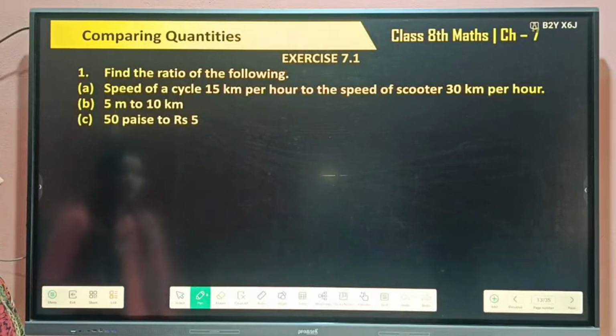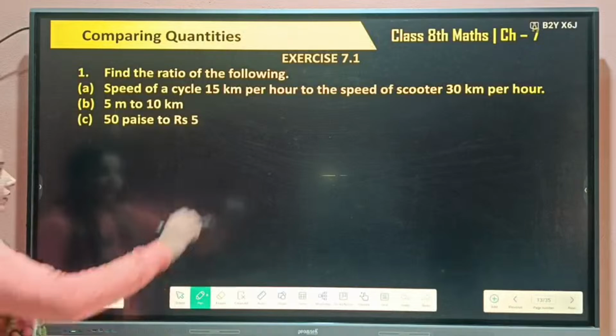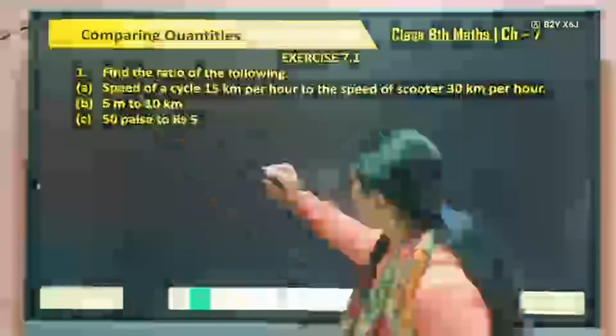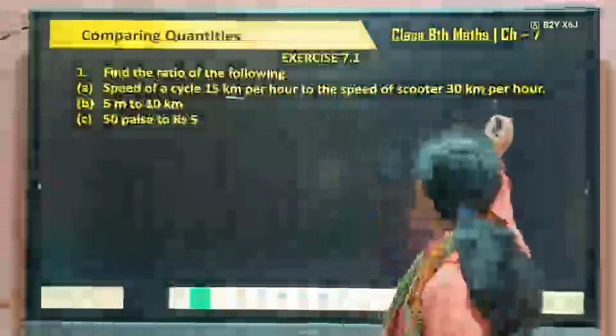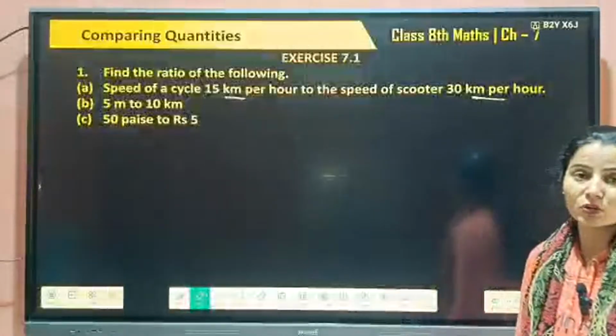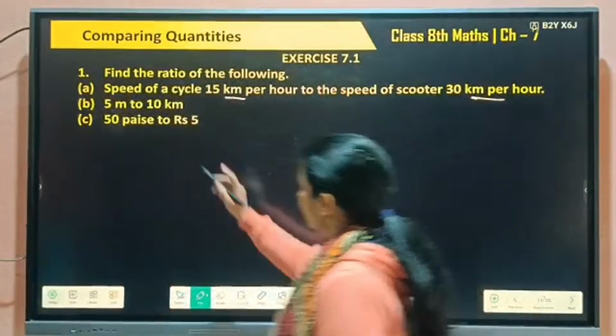hour. First of all, if we have to find out ratio, we have to check their units. If units are same, then we can find out their ratio. What is first part?